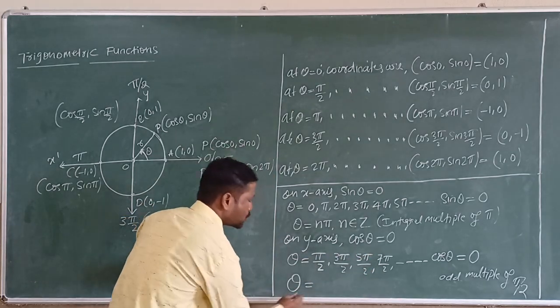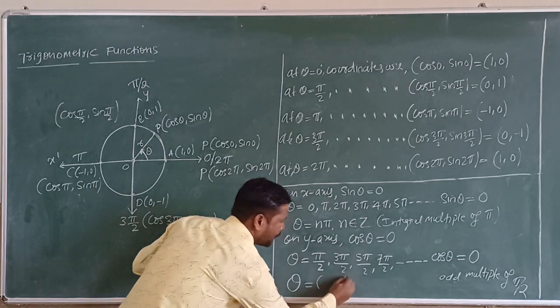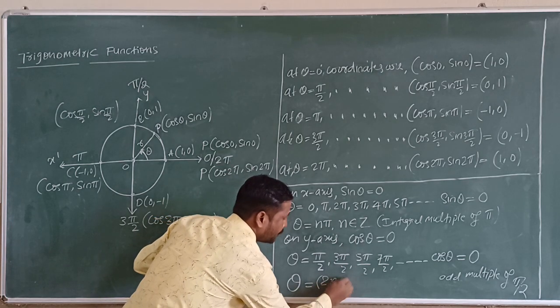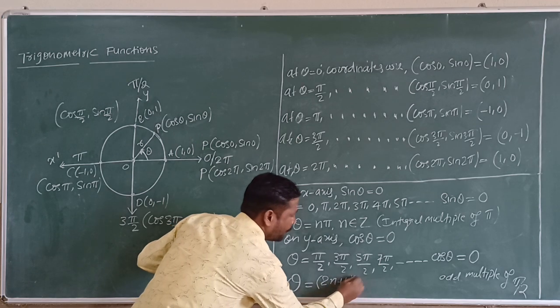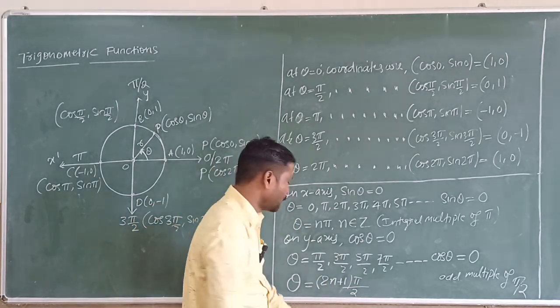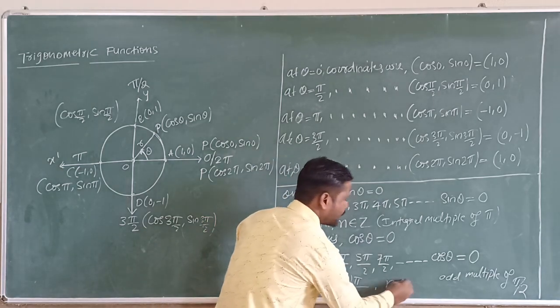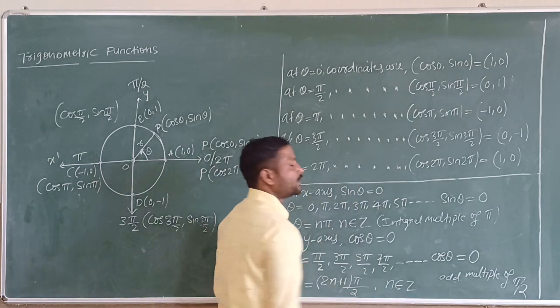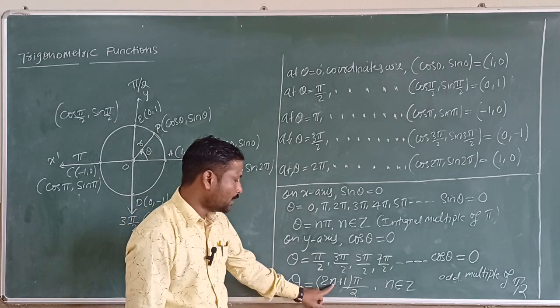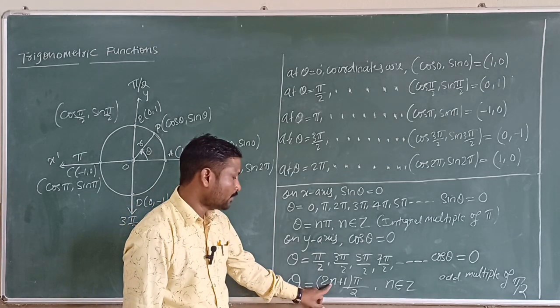That is theta is equal to, written in general form, an odd multiple of pi by 2, which is nothing but (2n plus 1) into pi divided by 2, an odd multiple of pi by 2. Here n belongs to the integers.